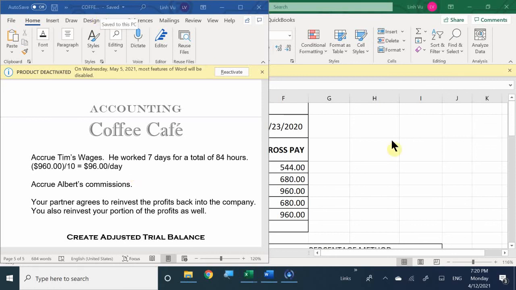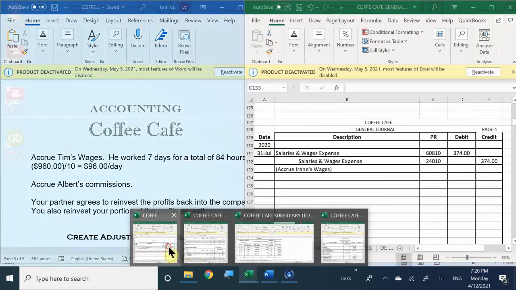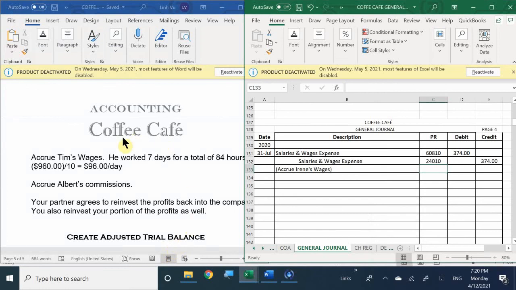So, with that being said, we can simply calculate how much he earned. In this case, by the end of the month, which is July 31st, he has worked a total of 7 days.